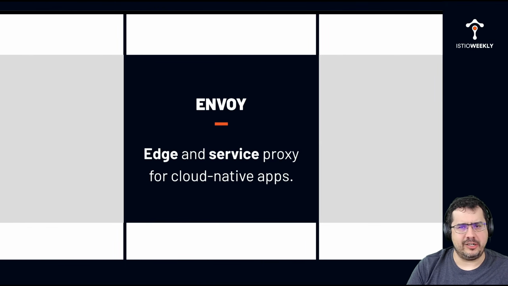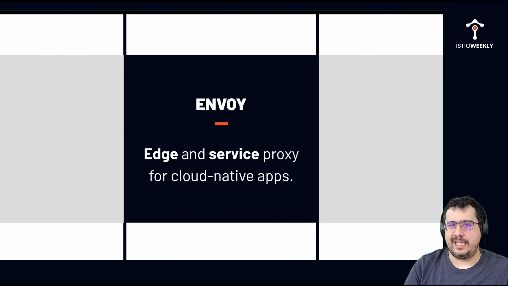Now, the idea here is you want to run Envoy next to your applications and then have Envoy abstract the network and provide features such as load balancing, resiliency features like timeouts and retries, observability and metrics, and so on.